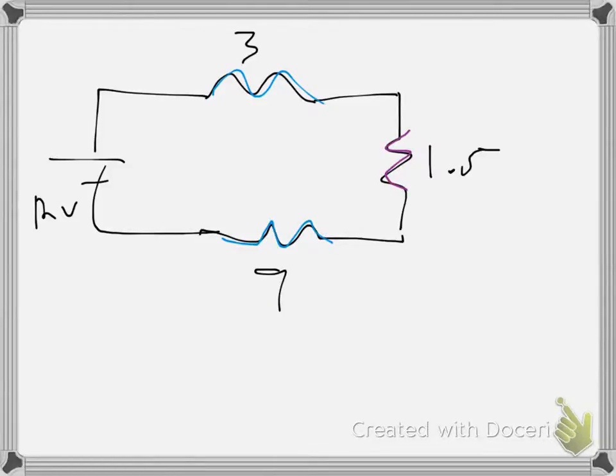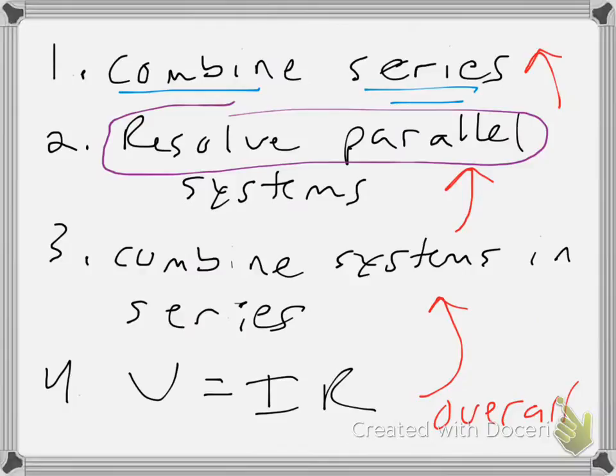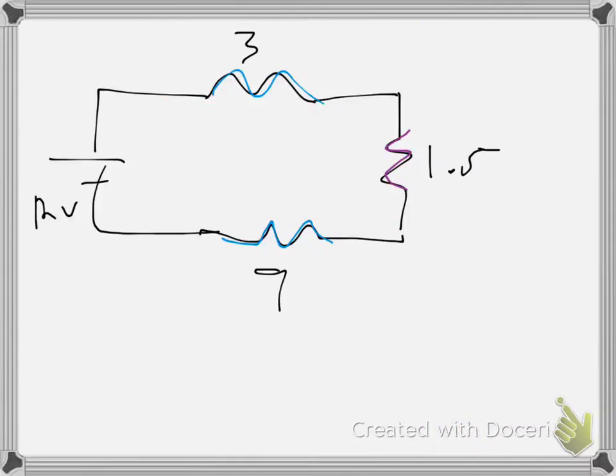So now I'm ready for the next step, which is to combine all of my systems that are in series. So now I can combine all these to create yet another circuit, and really that circuit is a 12-volt battery and 3 plus 9 plus 1.5, which is 13.5.